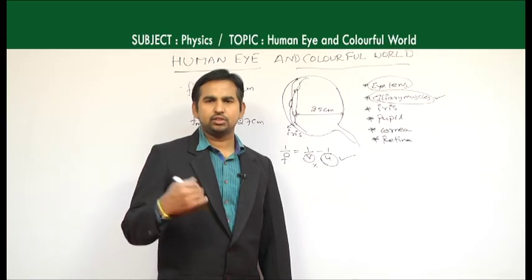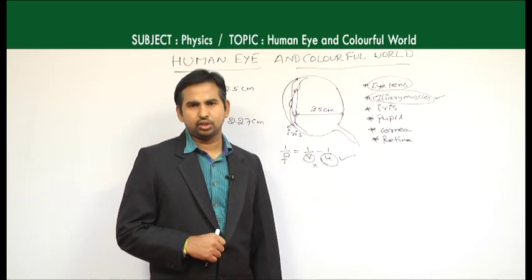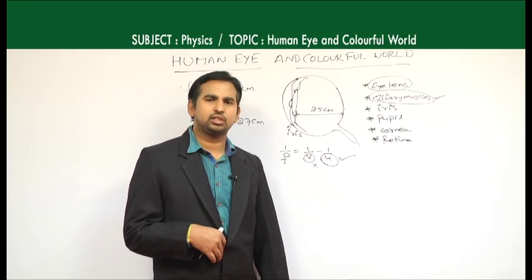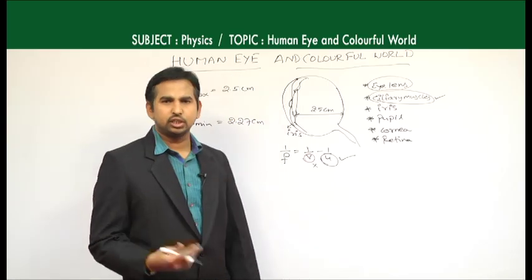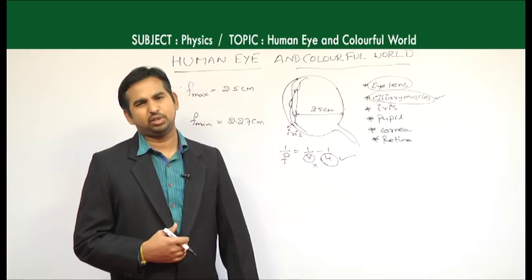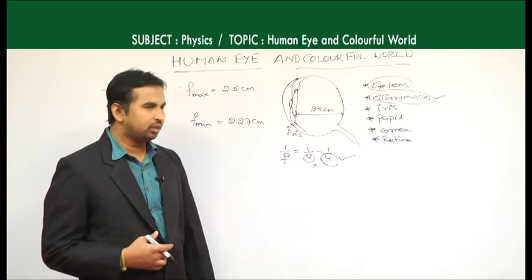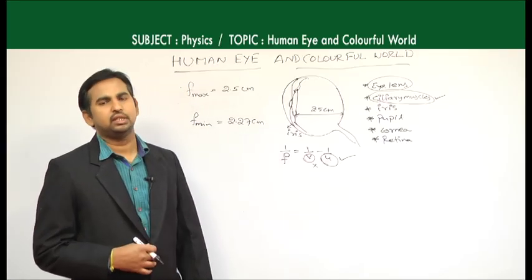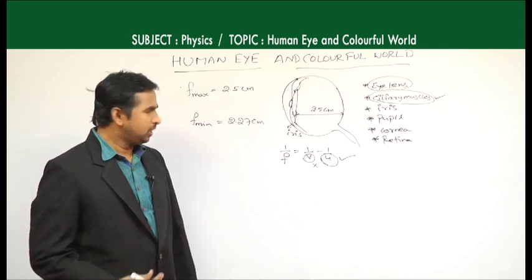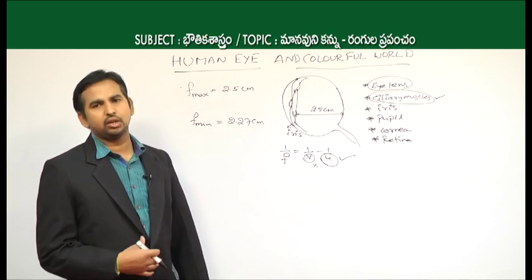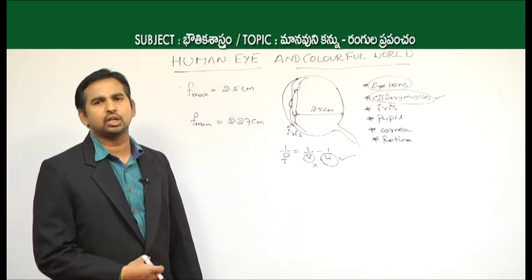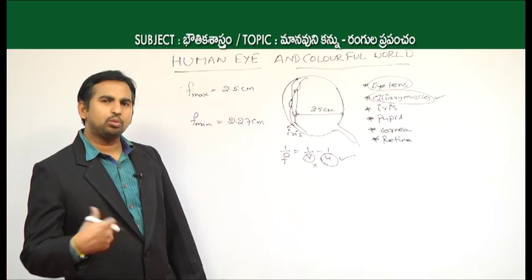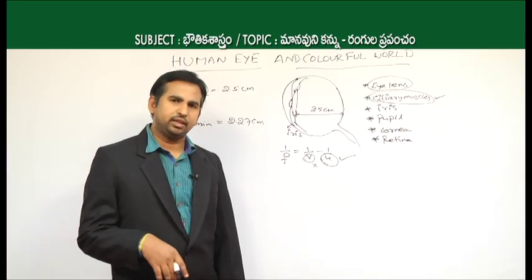But whenever you are seeing very near distant objects, we can see those very clearly by using the ciliary muscles, so that they can adjust the focal length to its minimum value, which is around 2.27 centimeters. Okay. Now, the question on this also they will ask like this: whenever you are seeing a very near distant object closer to your eye, then what about the focal length of the eye lens to be maintained?